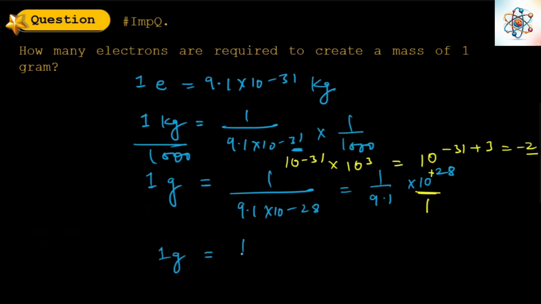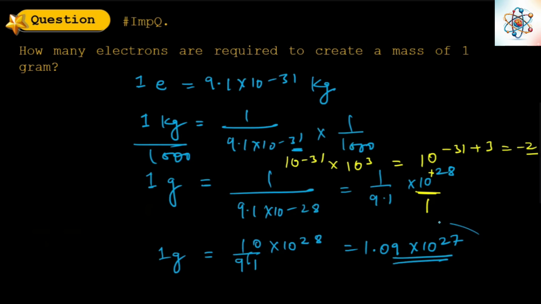1 gram would be 1 by 9.1 times 10 to the power 28. Now let's solve it further. 10 by 91. You can use a calculator in the exams. It is 0.109 into 10 to the power 28.